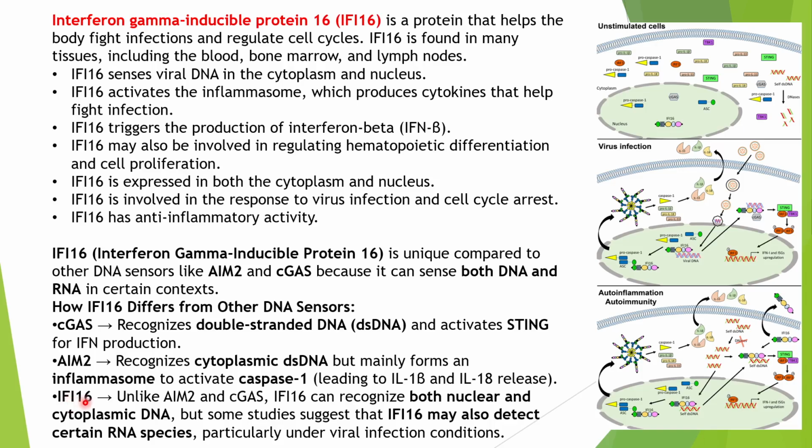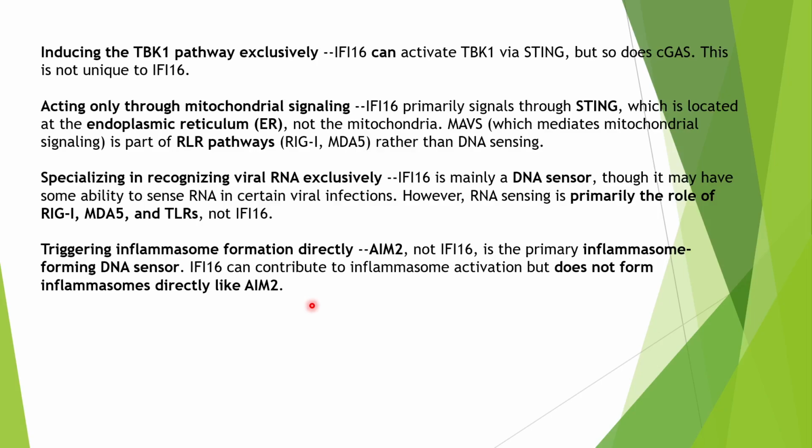So your IFI16, however, unlike these two, it can recognize both nuclear and cytoplasmic DNA, but there are also some studies that suggest that it may also detect certain RNA species, particularly in viral infected conditions. So then inducing TBK1 pathway exclusively?